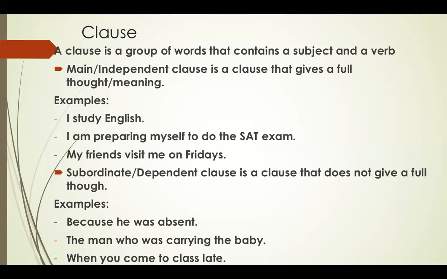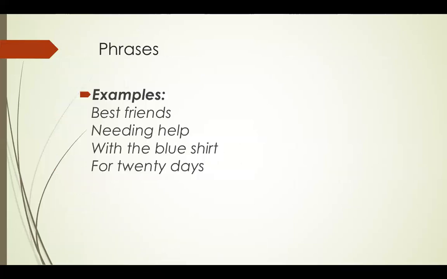A verb, a finite verb like go, goes, went, have gone, has gone, had gone, is going, am going, was going, were going, will be gone, will have gone, etc. But notice, if you compare this, I am preparing myself, to something I mentioned before, needing help.